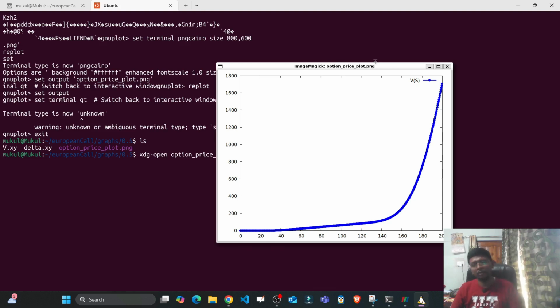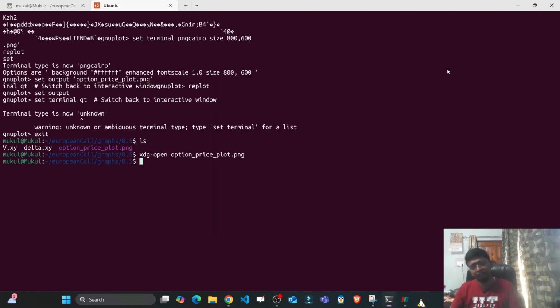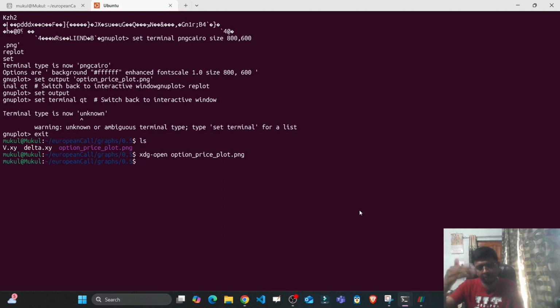So how do we get all the markings? For that you have to run the commands in a stepwise manner. So first, again we will go into GNU plot.